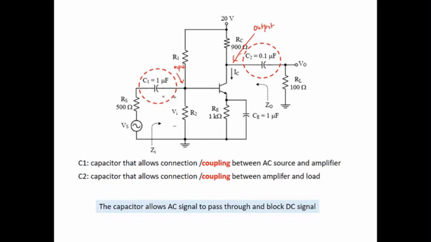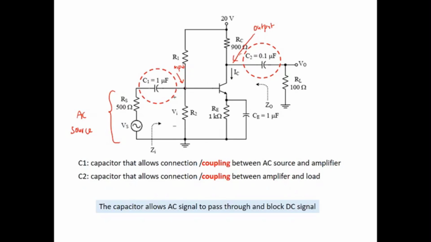C1 is a capacitor that allows connection between the AC source, or input signal, and the amplifier.